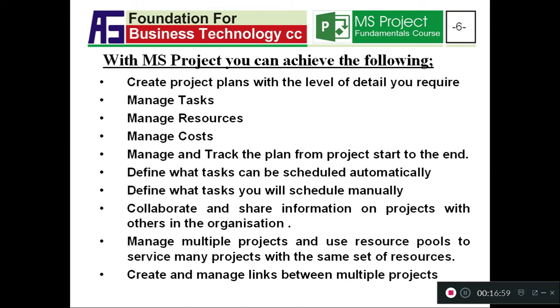So you do not have to now manually go in and say, now it's time for plastering, because it is automatic, or it is given that the painting should start once the plastering is completed. You can also define which tasks you want to schedule manually.